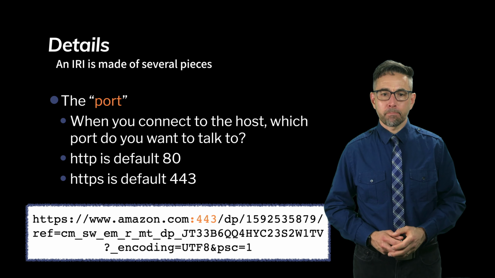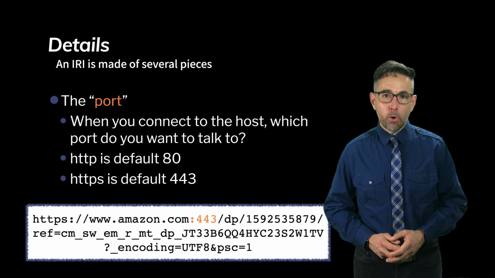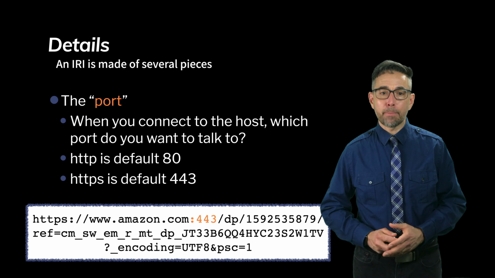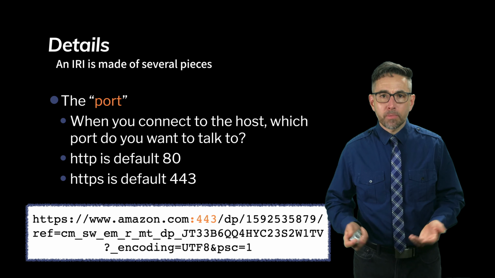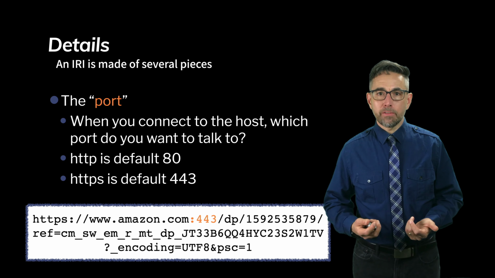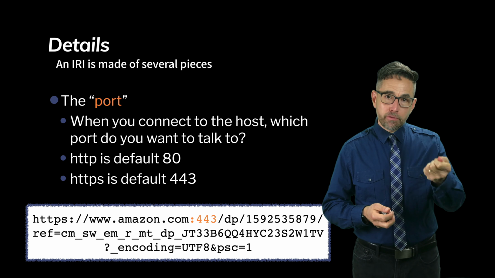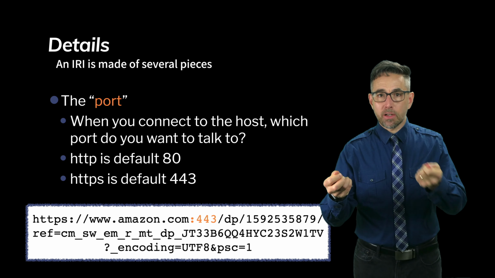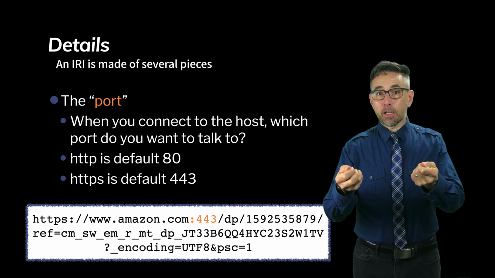A part that you're probably less familiar with is the port. Each IRI can also have a port, but the port is optional. When you connect to a host, you are specifying which port you want to talk to. Well, what's a port? Well, if you're familiar with maybe old movies where telephone operators would make a long-distance call by connecting a wire from one caller to another caller, making a physical connection by plugging in a wire to two different ports, it's just like that on a computer.